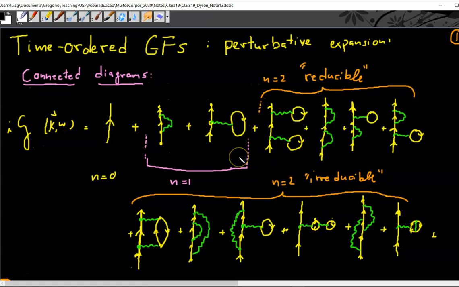All right. So it's like here I have this diagram, and I connect it to another line here and another propagator, and I obtain this one. They should be in the expansion, since they're all second order contributions.